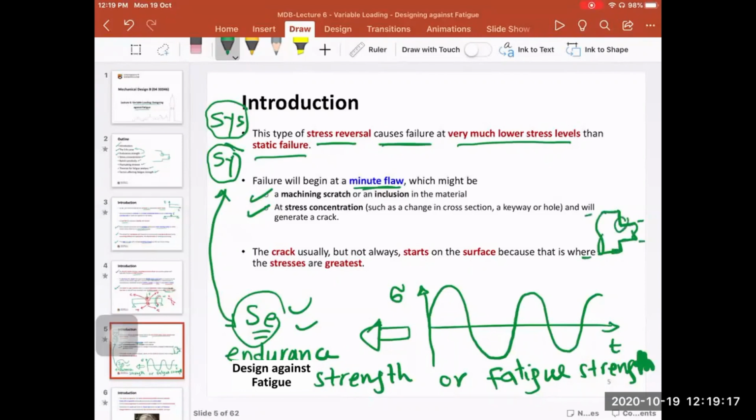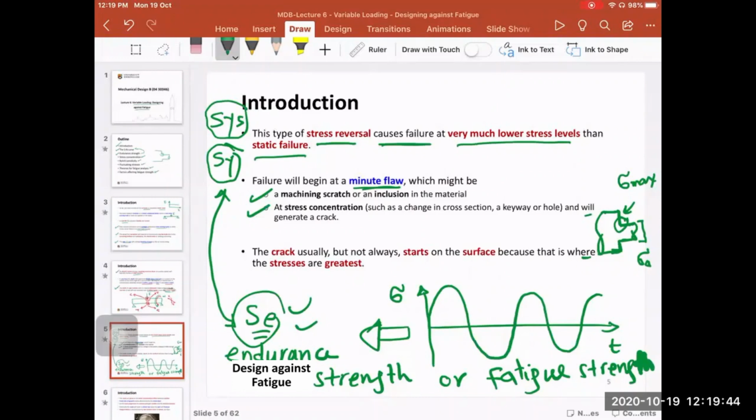And due to this change, some stress concentration develops here, meaning that the stress is magnified. So if the stress here is sigma, I'm just going to call this sigma naught, for example, and at this corner here, we have higher stress, sigma max. And there is a relation between these two, as we'll see in a moment.